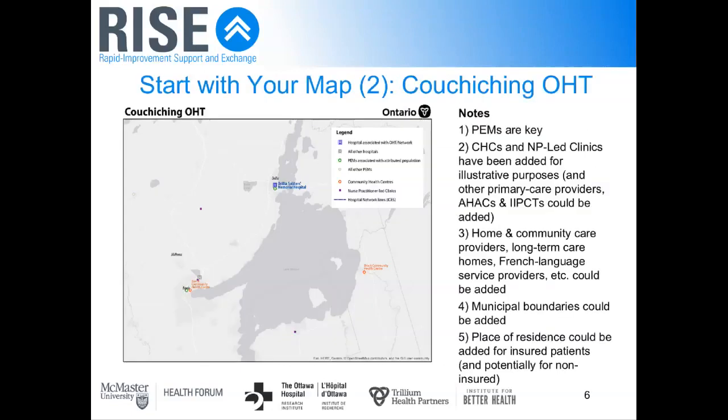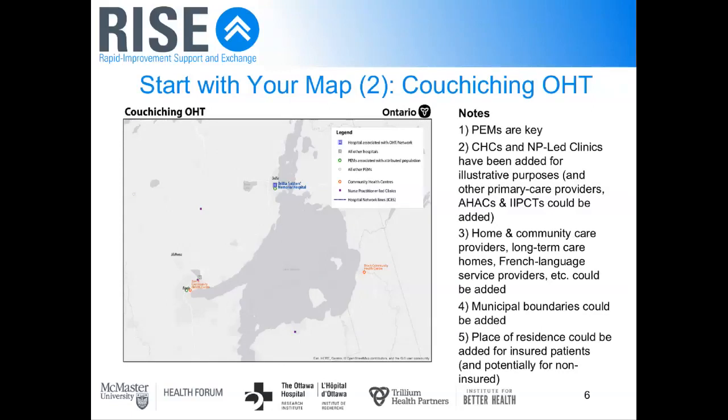So this is the map of perhaps one of the simpler cases. So this is a map for the Couchiching team. So the first point to note here is that patient enrollment models are key to attributed populations. So as I'll come to in a minute, about 82% of Ontarians have been attributed to a network based on enrollment in some kind of patient enrollment model.